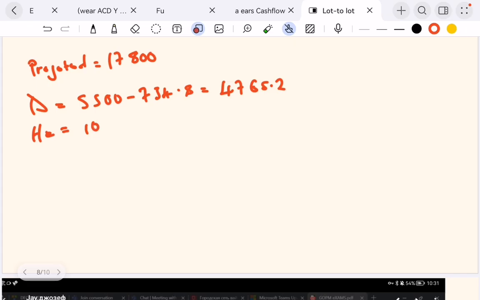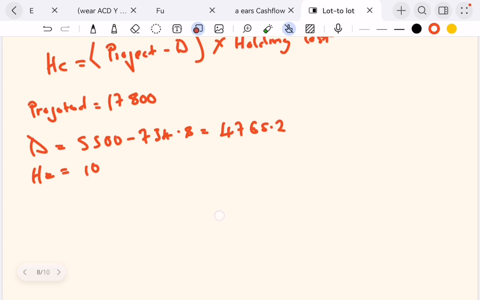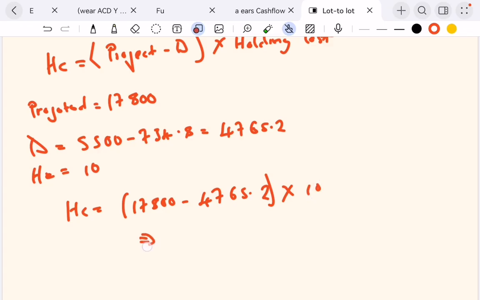So if you put these numbers on a calculator, our holding cost will be equal to 17,800 minus 4765.2, close bracket, times 10. So that is the holding cost.